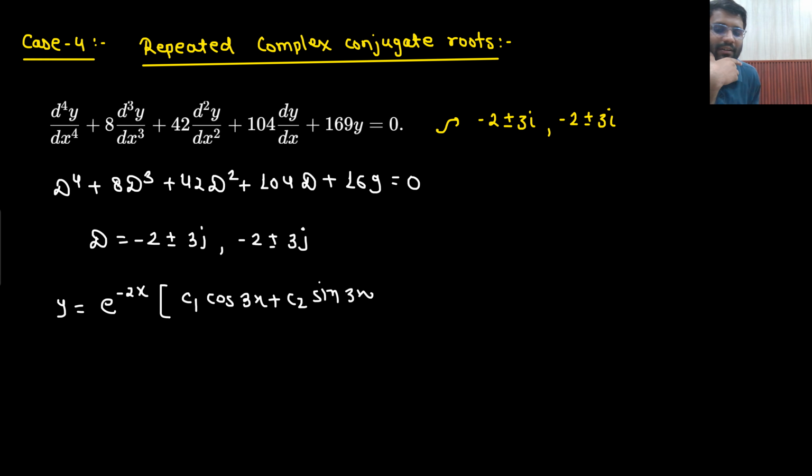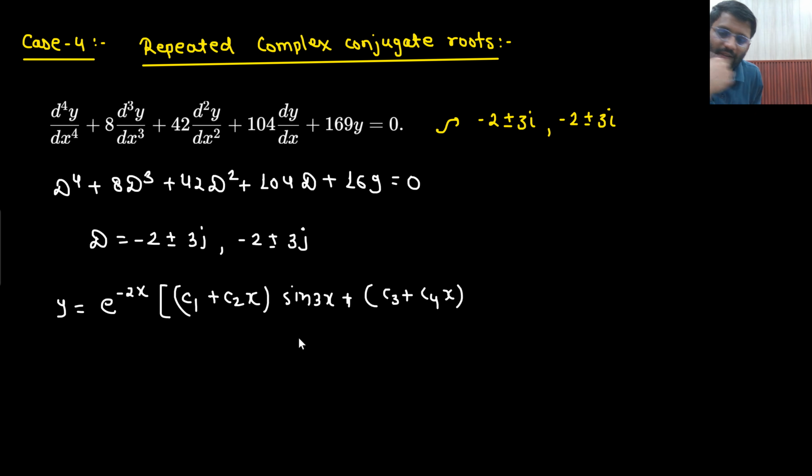But now it is repeated, so my constants will change. In place of c1 you need to write c1 plus c2x, and in place of c3, you need to write c3 plus c4x. Whether you write cos 3x or sin 3x first, it is the same thing. So this would be the final answer.